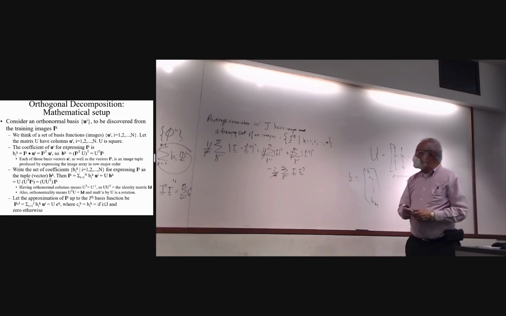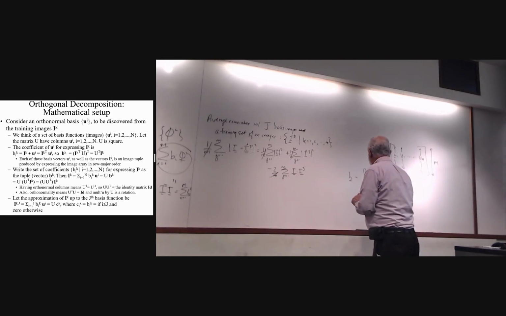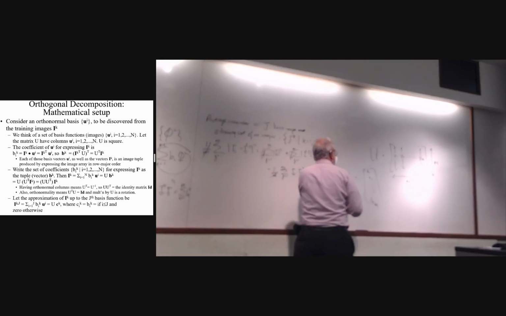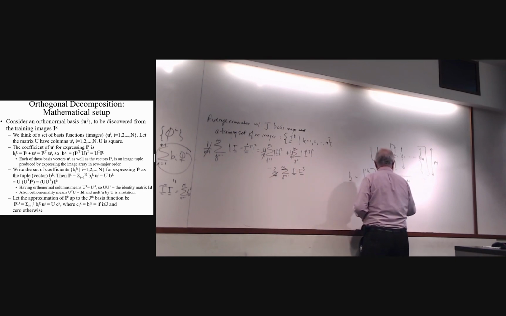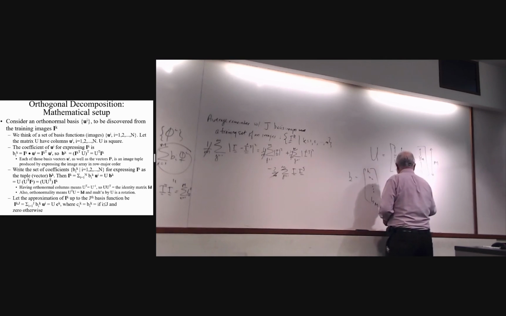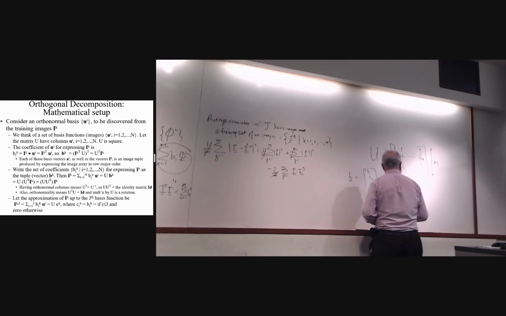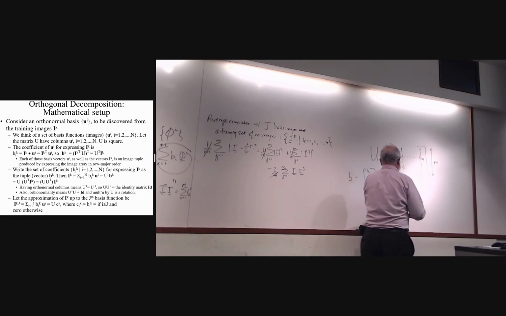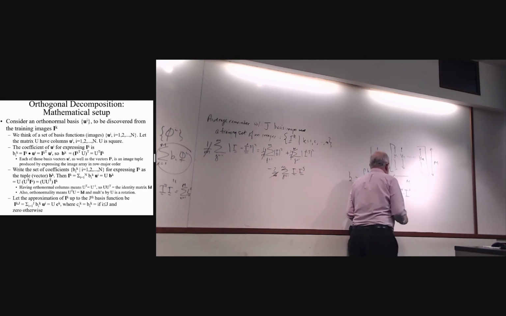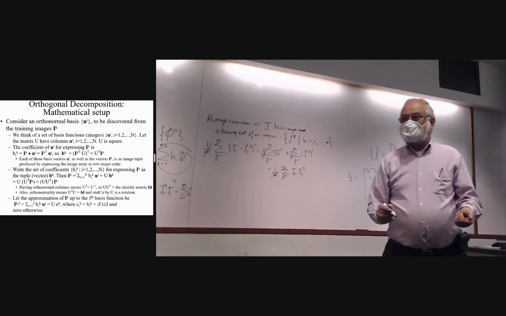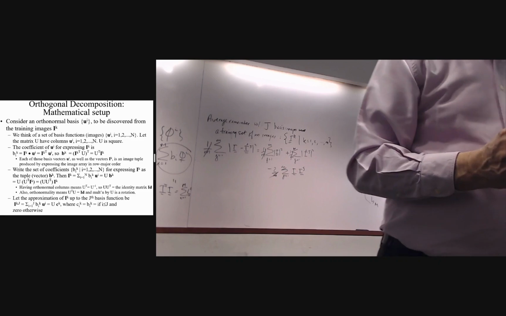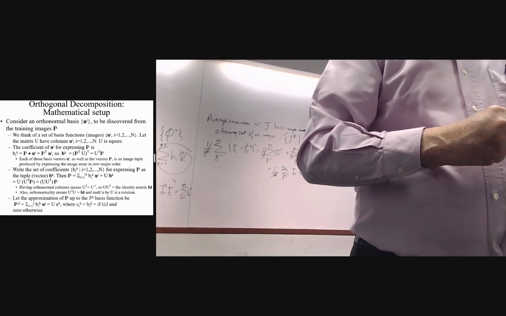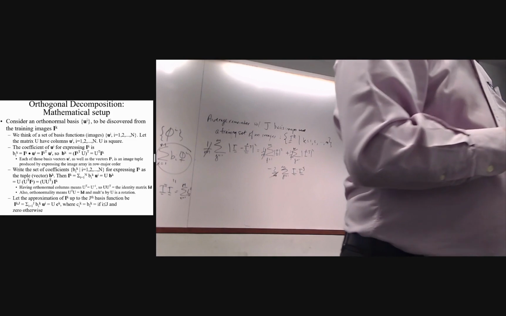So the representation of a training image has a whole set of coefficients, and it's obtained simply by this for any image I. In particular, that's the representation of the kth training image. Anybody have problems with what's happening here?